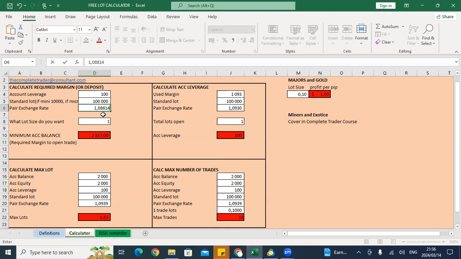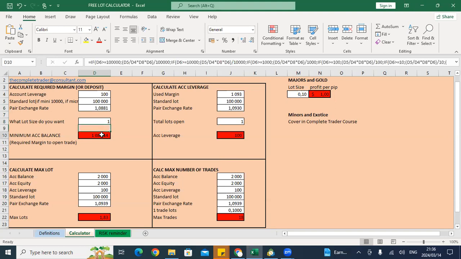1.08814. So if I want to open a trade of lot size 1, the calculator tells me that should take up about $1,088. So it means the minimum balance I need to have in order to open a trade that has a lot size of 1 is $1,088. So let me test that theory.